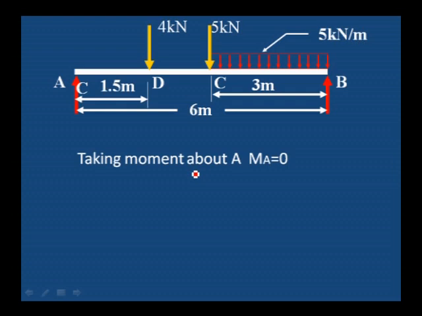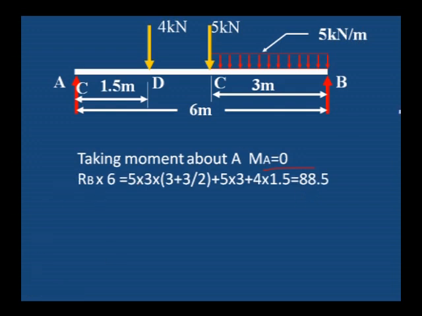Let us take the moment about A. RB into 6 meter span is the anti-clockwise moment, and anti-clockwise moment is equal to clockwise moment.